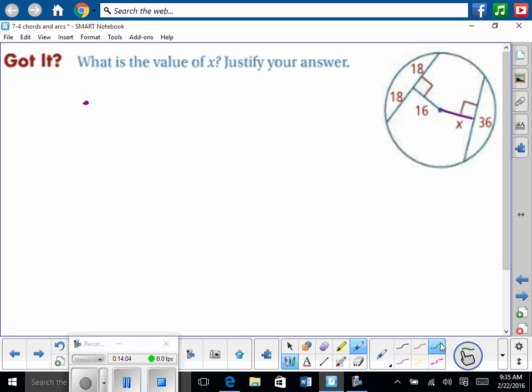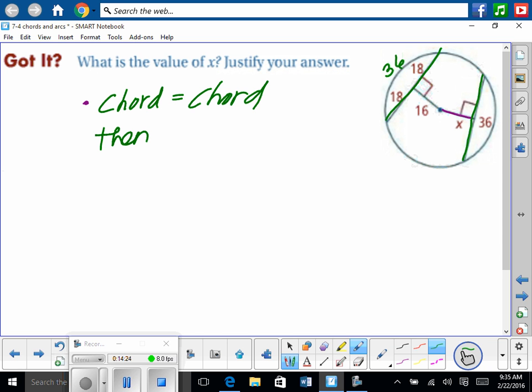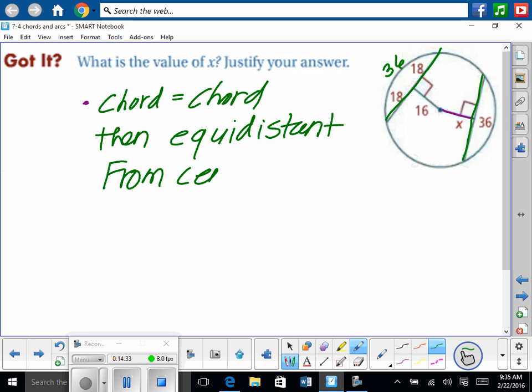Okay, you're right. Oh, you're saying that this chord is what, 36? What's this chord? 36. 36, therefore, if a chord's equal to a chord, aren't they equidistant from the center? So you would say, because the chord equals the chord, then they must be equidistant from the center, correct?